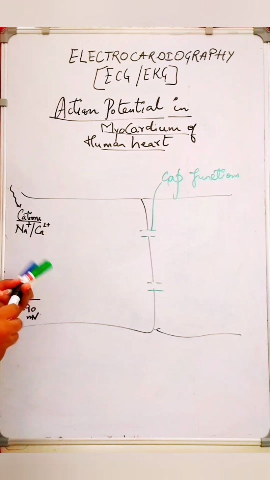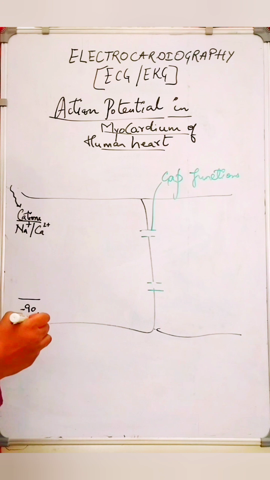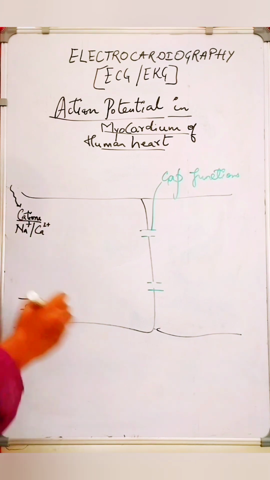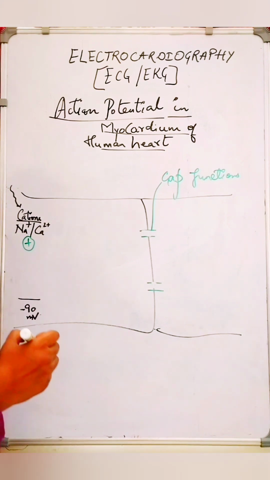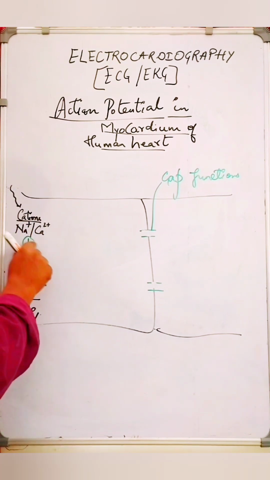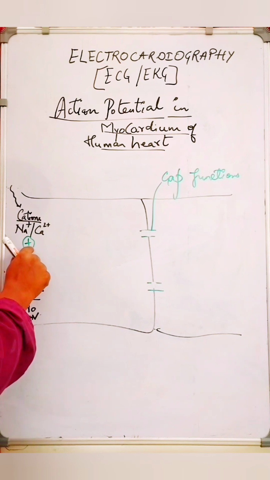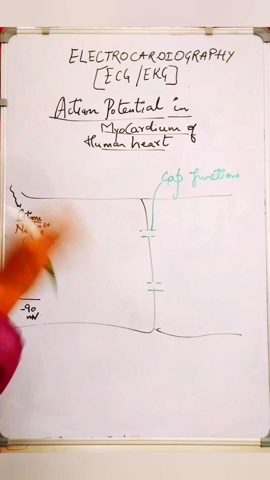Now what happens? When the influx of cations happens here, what kind of charges are coming inside? Positive charges, cations. These cations are going to counteract the minus charges, which is minus 90, and try to neutralize it.